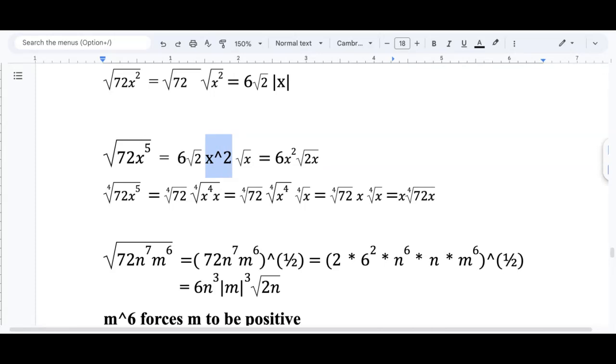X raised by 5 can be split into x raised by 4 times x. Square root of x raised by 4 is just x squared. The last one is x raised by 1, the one inside the square root of x, because it's the first power, it cannot come out. So in the end, we get 6x squared square root of 2x. Make sure this makes sense to you. If this doesn't make sense to anyone, let me know, please.